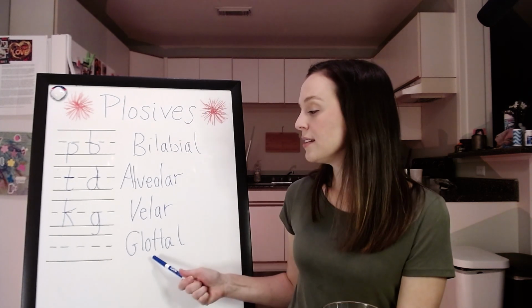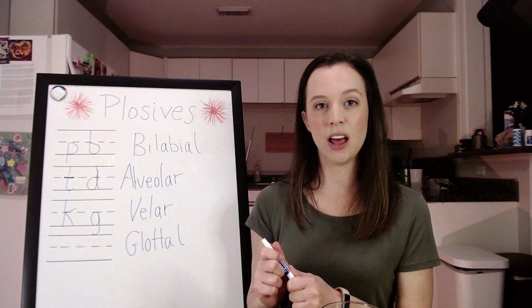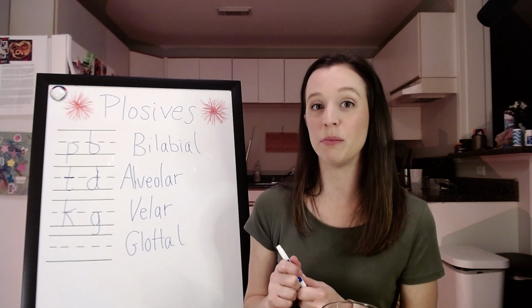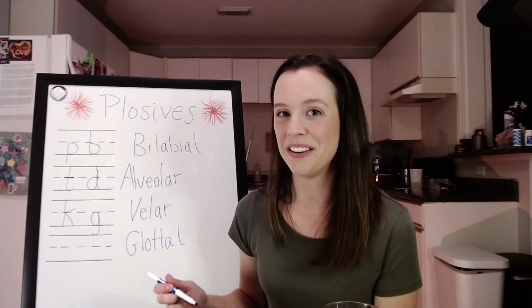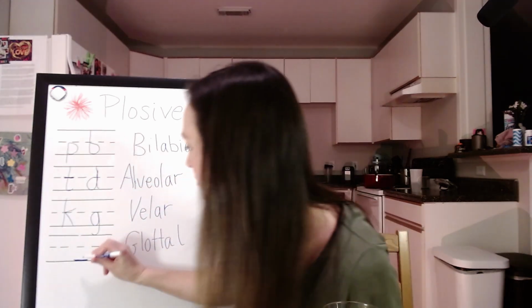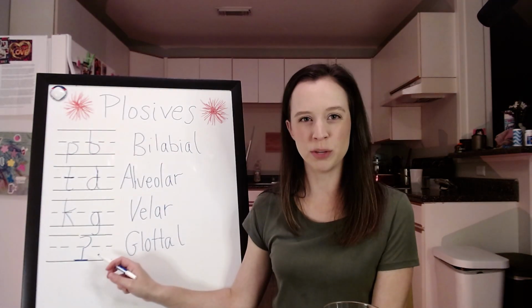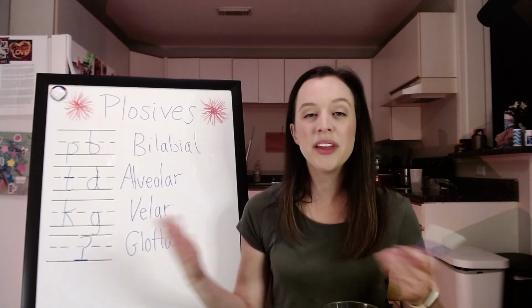The glottis, glottal, is made between your vocal folds, and it makes that sound. And this is the one that doesn't look like a letter because there's not a letter that represents it, but there is a phonetic symbol that represents it. So that one looks, there's a line at the bottom, comes up, and it hooks at the top. It almost looks like a question mark, right? You've got this. So there you have it.